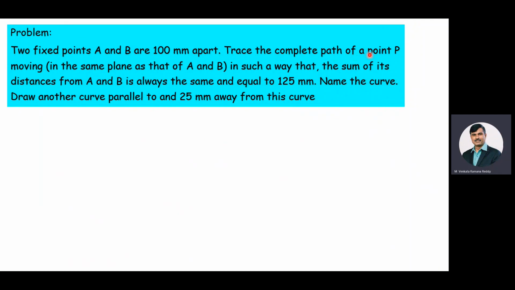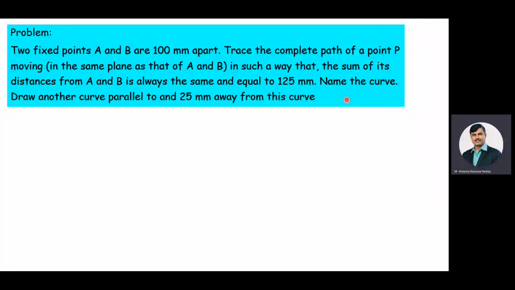Trace the complete path of a point P moving in the same plane as that of A and B in such a way that the sum of its distances from A and B is always the same and equal to 125 mm. Name the curve. Draw another curve parallel to and 25 mm away from this curve.